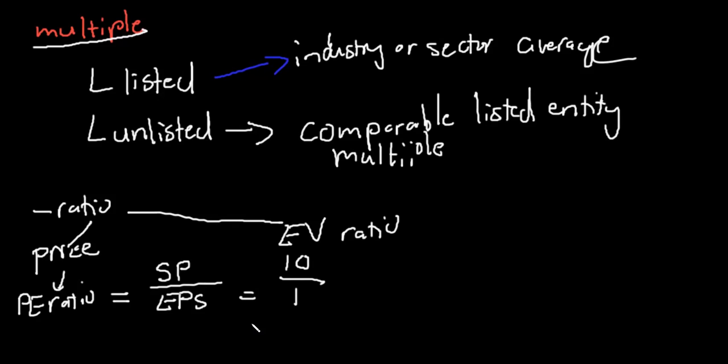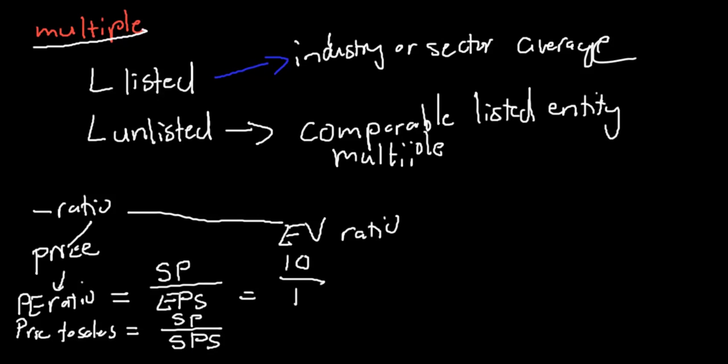We've discussed the PE ratio, but in a test or exam, you could easily also get a price to sales ratio. A price to sales ratio would basically be the share price divided by the sales of the company per share, right? So you could easily look at the price to sales, which is the share price divided by sales per share.